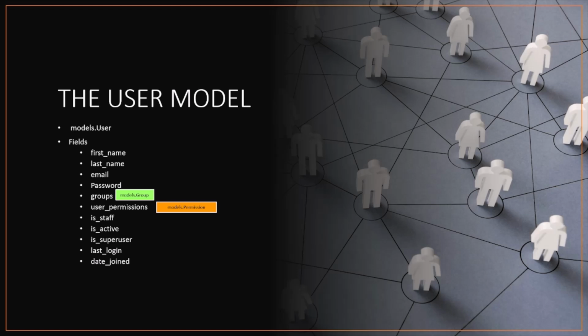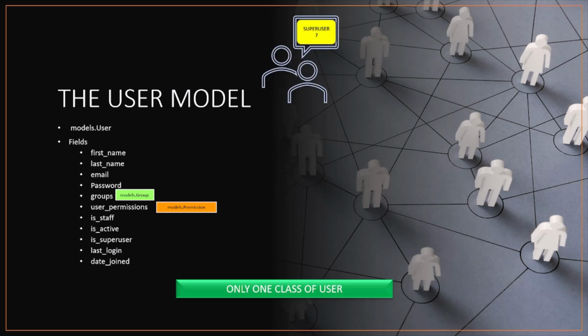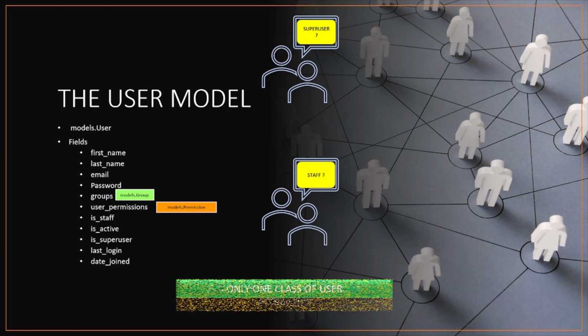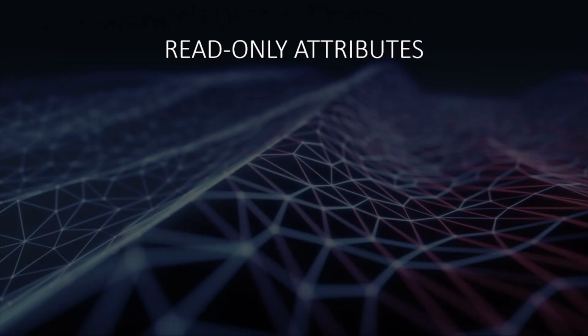Now, it's important to remember that in the Django authentication system, there is only one class of user. So if you're wondering about superusers or staff, well, they're all the same class of user, but with special attributes assigned.